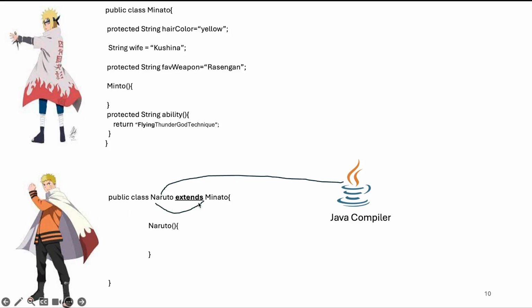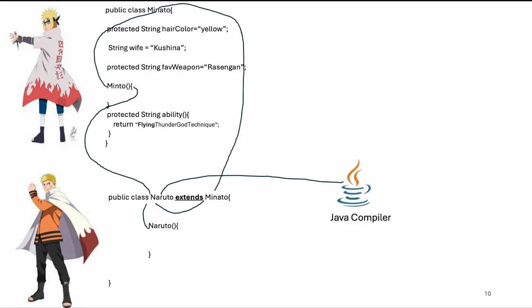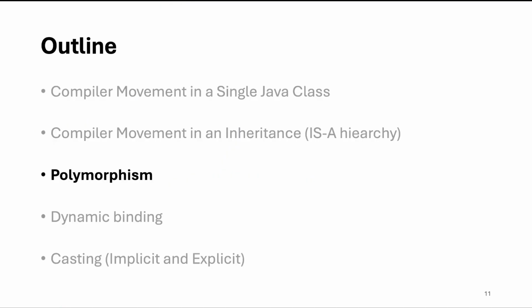Okay, Naruto enters into Minato, and from here the compiler goes to Minato class, creates all the global variables, and then enters into the Minato constructor. Once these steps are completed, then it enters into the Naruto class, creates global variables, and enters into the constructor, performs whatever steps are written in the constructor, and then exits. So this is how the compiler moves.